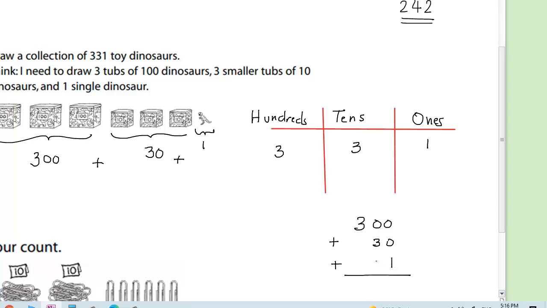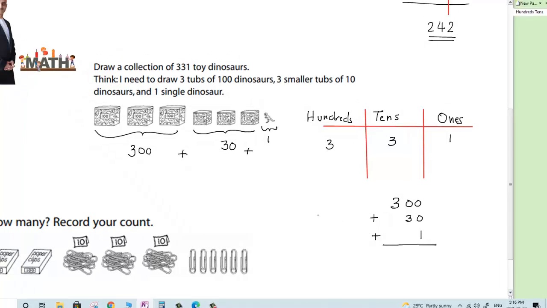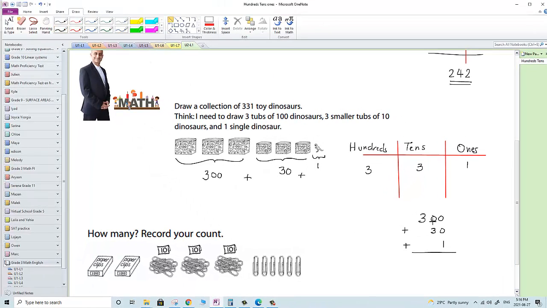And if you notice, I cannot put the 1 under the 3 or under this 3. I have to put each one under its category. This is the category of the ones. This is the category of the tens. This is the category of the hundreds. So I cannot put it anywhere. I have to respect the place. So this is the ones, this is the tens, this is the hundreds.